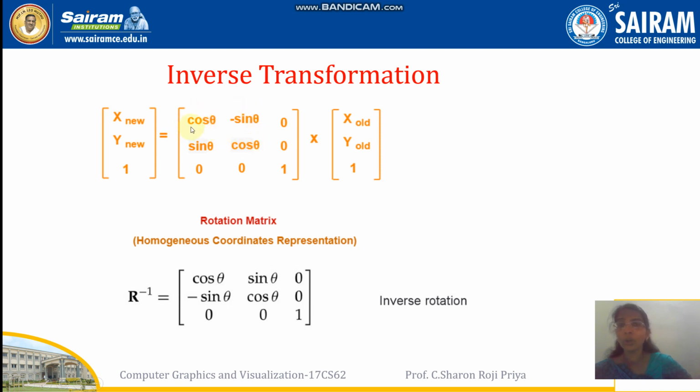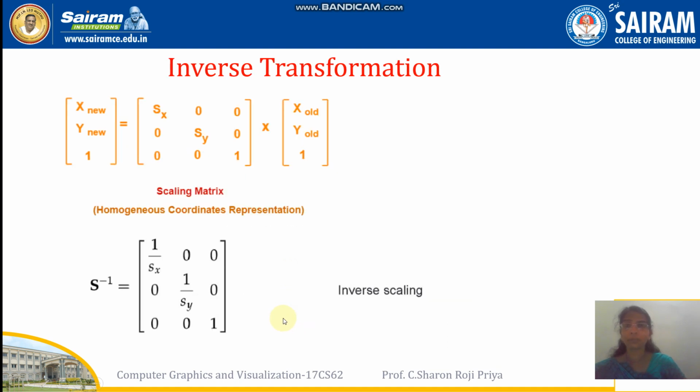Right, so you know cos minus theta is cos theta, and sine minus theta is minus sine theta. So that minus plus this minus becomes plus here. And here sine minus theta is minus sine theta, so I got minus sine theta. Here cos minus theta, again it is cos theta. Right, this is my inverse rotation matrix.